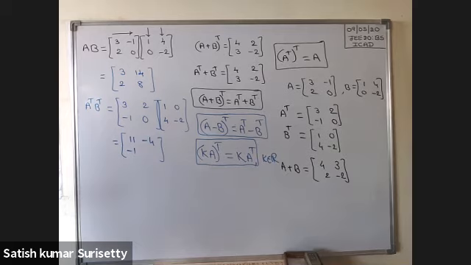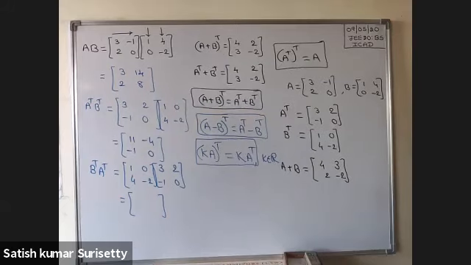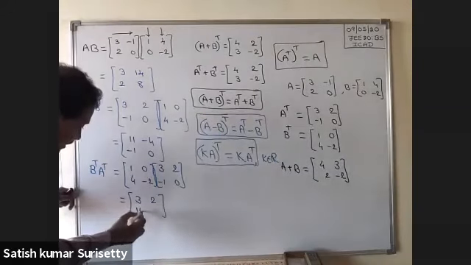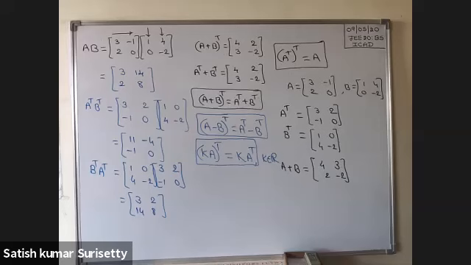Calculate the product and tell me. 14, 8. For the first row, 3, 2. Second row, 14, 8. Now, is there any conclusion?